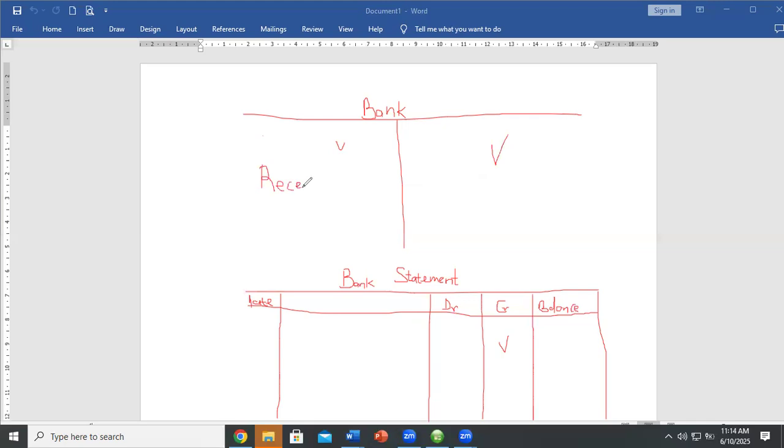So we debit receipts and then we credit payments in our cash book. But on our bank statement, we rather debit payments and then we credit receipts.